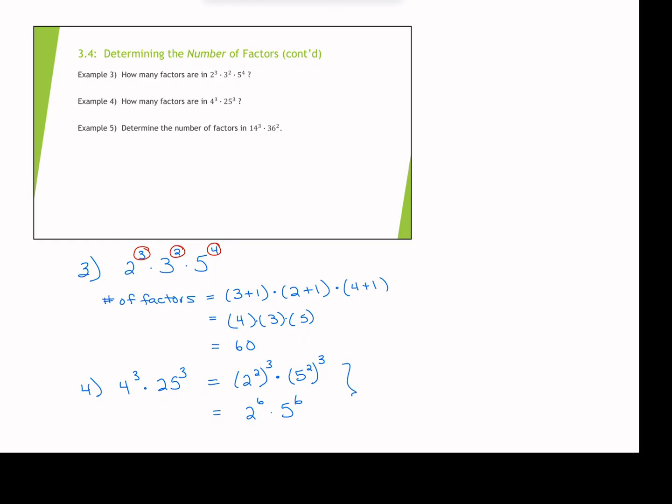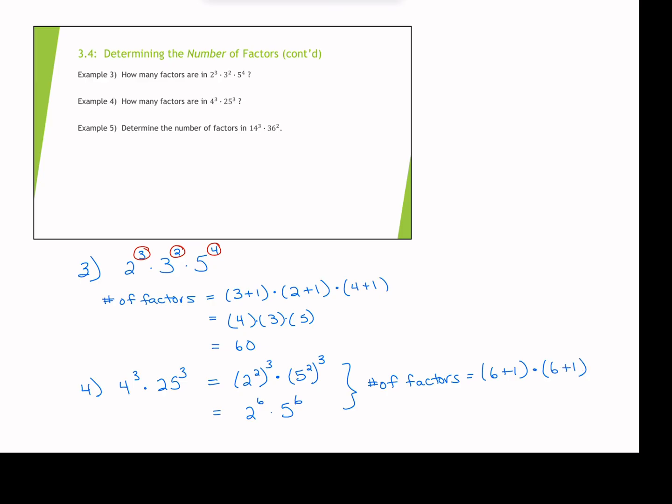So if we want to determine the number of factors now that everything's written nicely in its prime factored form, or prime factorization, the number of factors is going to be, in this case, power of 6 plus 1 for your base 2 options. And we're going to multiply that by another power of 6 plus 1 for your base 5 options.